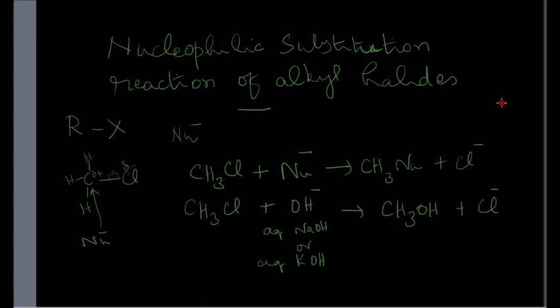So this is the way you have to understand a nucleophilic substitution reaction. Now I'll explain the reaction with other nucleophiles and the reagents that supply these nucleophiles and also the products that are formed. We will see it as a chart now.